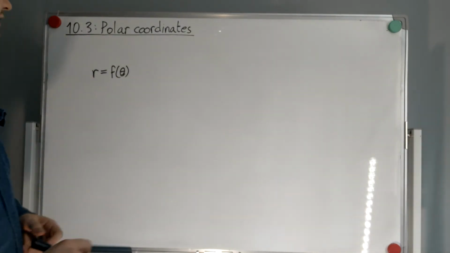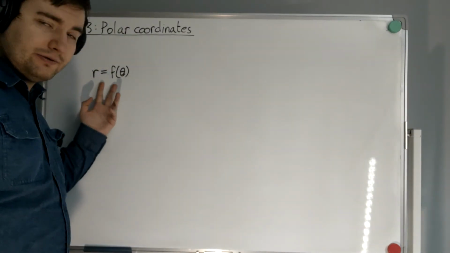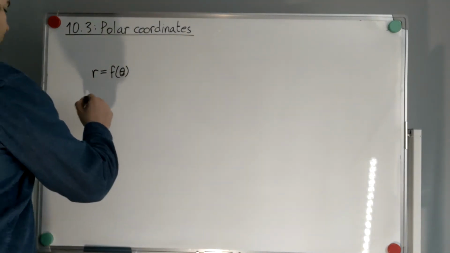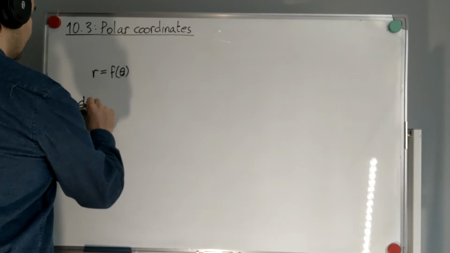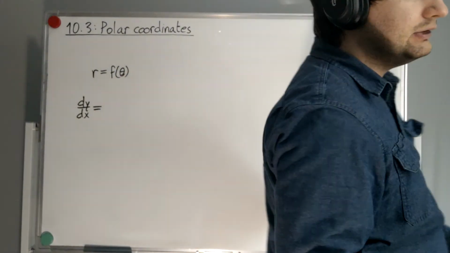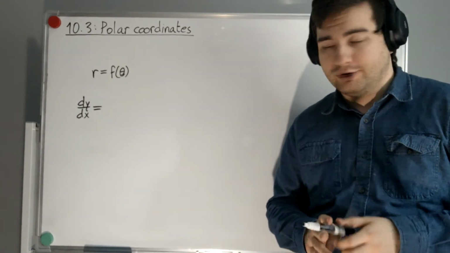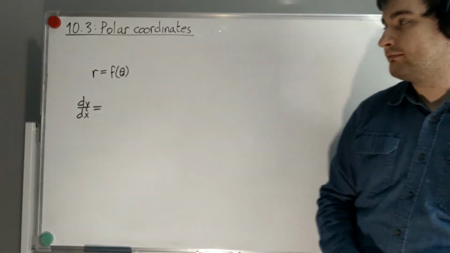So the first thing we're going to ask here is, how do you figure out the tangent line to a curve that's defined in this way? So what we're looking for is dy/dx. Again, in every context, dy/dx, as long as x is the independent variable and y is the dependent variable, this always gives you the slope of the tangent line, okay?